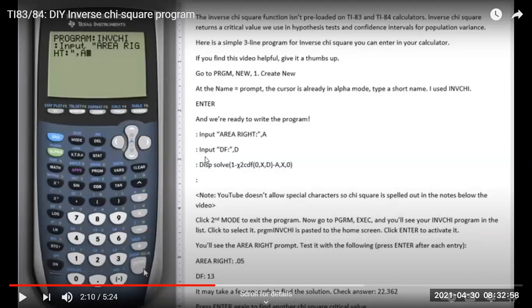You go to program, IO, input, and then you alpha lock that with the code DF, that stands for degree of freedom, and then colon, and then close quote, and then exit alpha mode, comma. The comma is above 7, right? And then go to alpha mode again with D. Okay, let's make sure we get it.